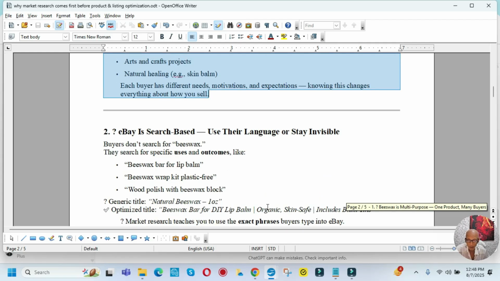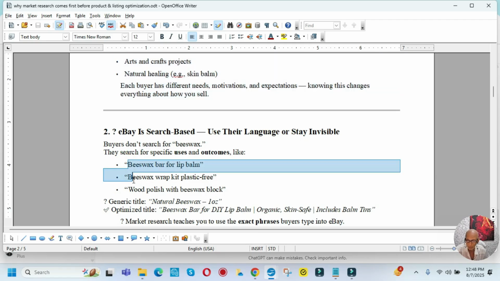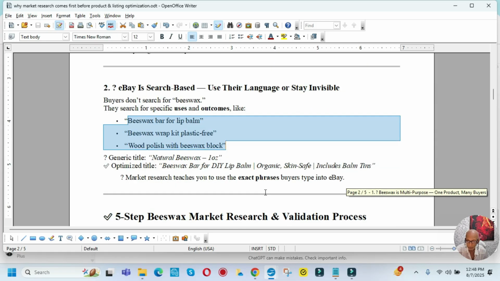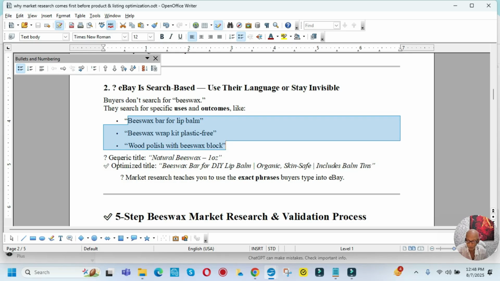eBay is search based. Use the buyers' language or stay invisible. Buyers don't search for beeswax. They search for specific uses and outcomes, like beeswax bar for lip balm, beeswax wrap kit plastic free, wood polish with beeswax block. So basically, a generic title assigned to one of your listings could be natural beeswax 1 ounce.